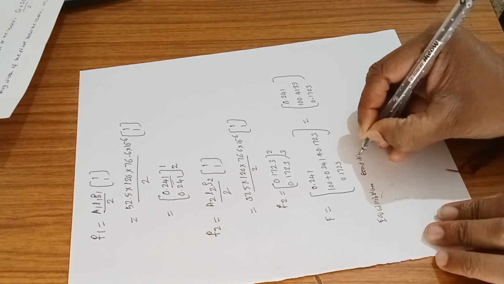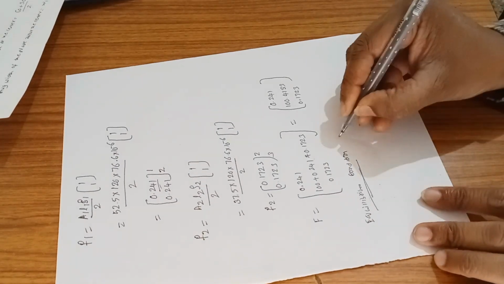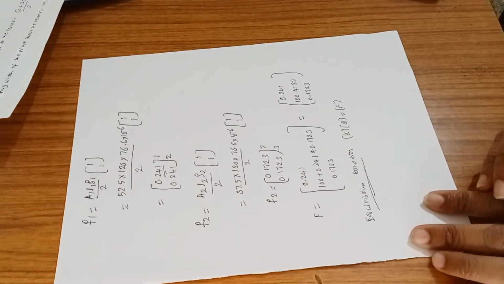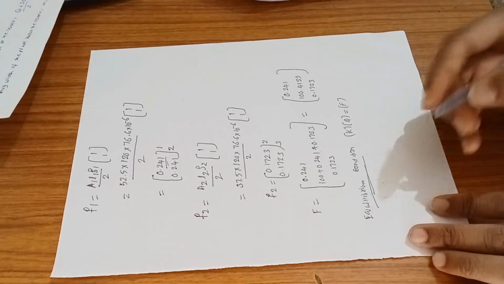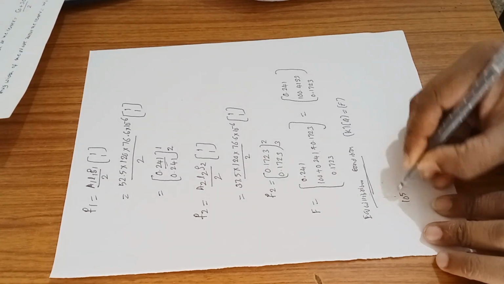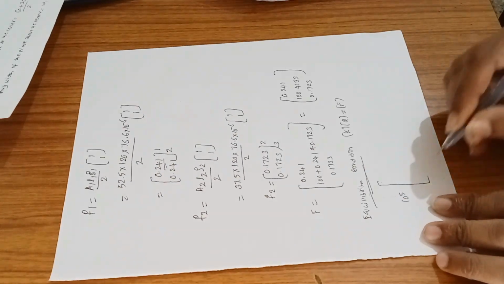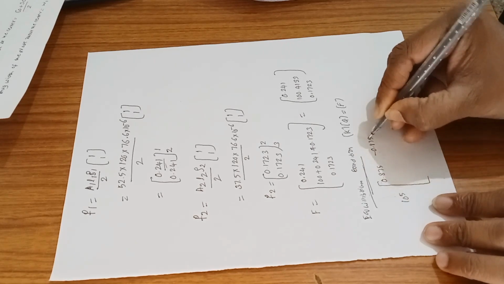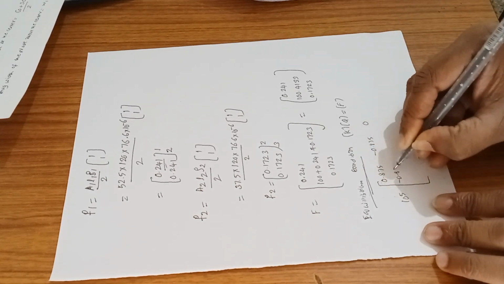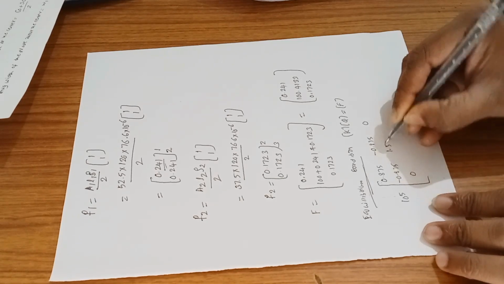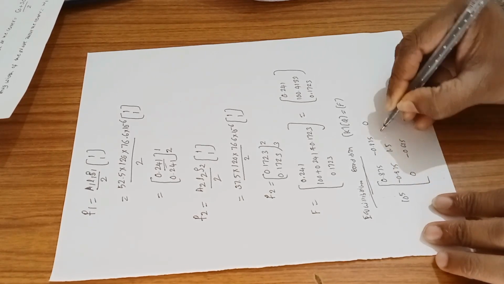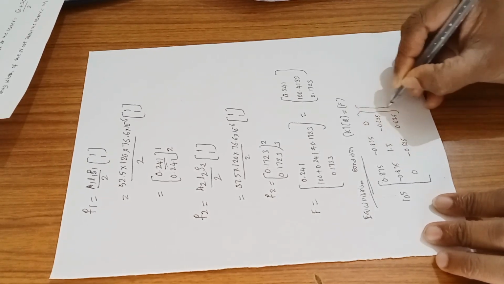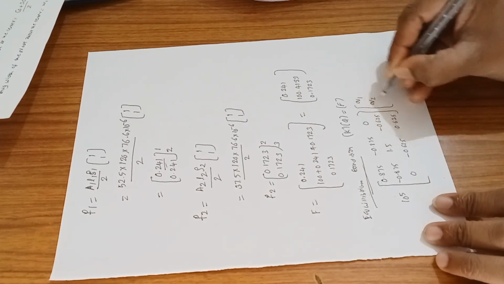Let's try to solve this equilibrium condition, which is given by K into Q equals F. Upon substituting all those values, we get 10 power 5 times the global stiffness matrix, with 0.875, 0 minus 0.875, 0, then 1.5, minus 0.625, minus 0.625 and 0.625. And the Q1, Q2 and Q3, I'm going to write here.